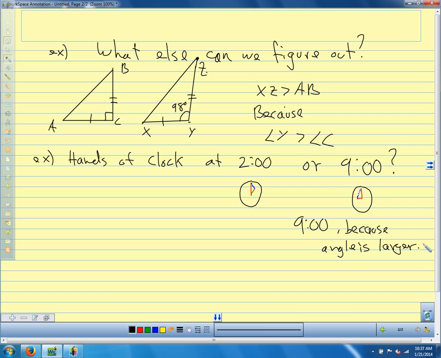So the angle between the hands is larger at 9 o'clock than it is at 2 o'clock. Questions there? So hopefully a pretty intuitive idea. The angle's bigger, everything else is the same, then the side opposite the bigger angle is the longer side.